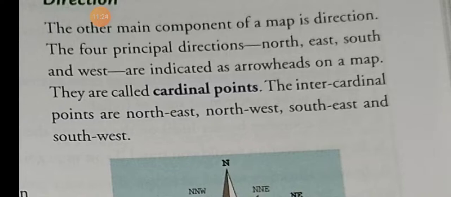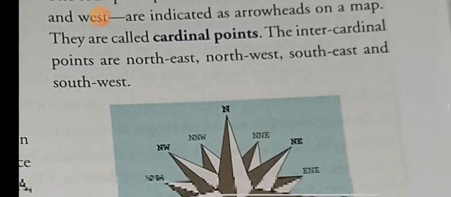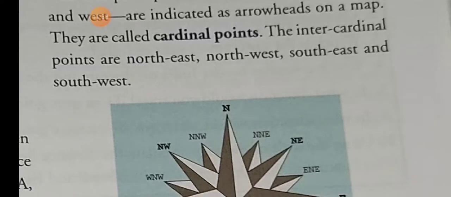So the 4 principal directions are north, east, south and west. These are the cardinal points, and between 2 main directions, those are called intercardinal points.